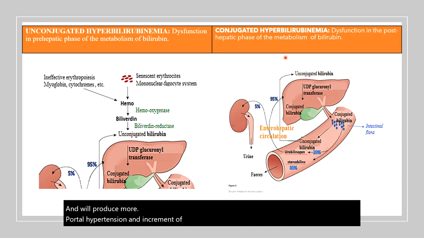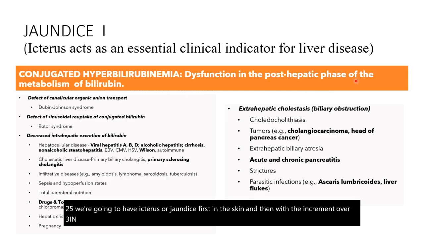That's why when we have hyperbilirubinemia, feces are going to be more brown and urine is going to be more yellow. Also, if we have an accumulation of conjugated or unconjugated bilirubin with a total level of 2.5, we're going to have icterus or jaundice, first in the skin, and then with the increment over 3 in scleras, in the eyes.